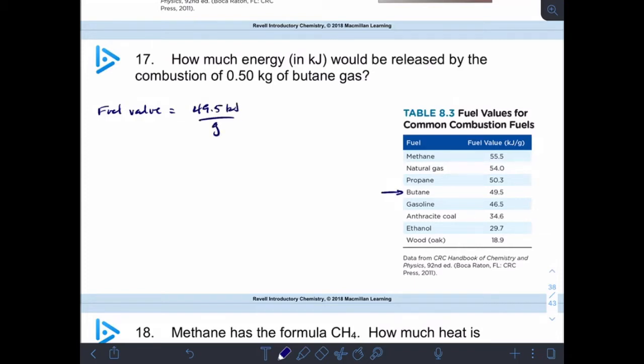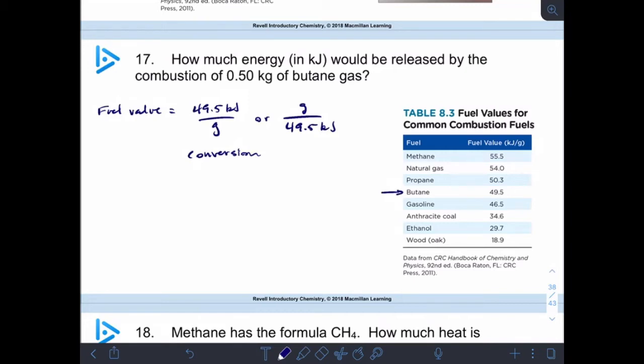I've said this before and I'll say it for the rest of the semester, but anytime you have a fraction like this, a something per something, that's a conversion factor. So I can also write this as for every 1 gram, I get 49.5 kilojoules. Either way works.